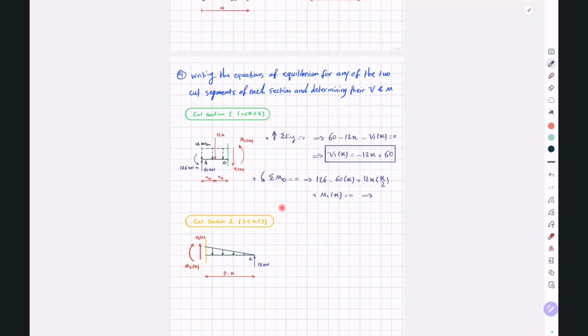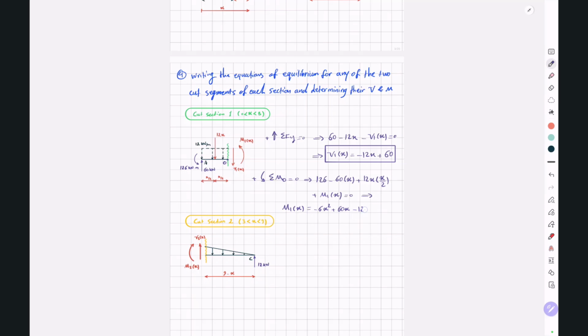And this will give us M1x equal to negative 6x to the power of 2 plus 60x minus 126. So for x between 0 to 3, our bending moment can be determined using this function.